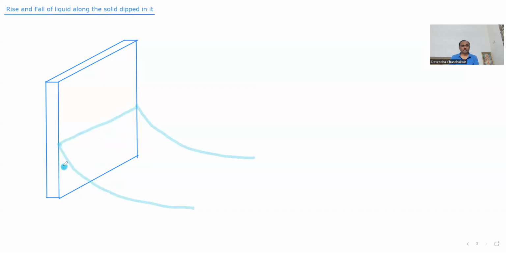This is the water molecule which we have. Now see what are the forces acting on it. Please pay attention. It is very important. First is its weight only, right? So this is the weight of the water molecule which is acting on it. The second force which is acting on it is the force of adhesion.